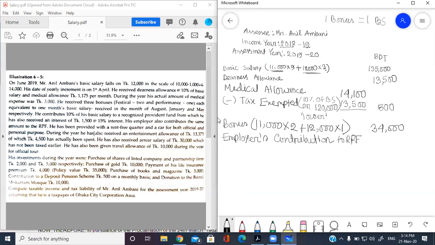That's why we are adding that contribution here when we are calculating the income for Mr. Anil Ambani. So how much is it? 13,500, 10% of basic.